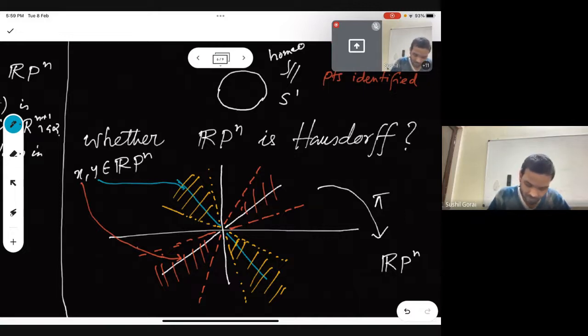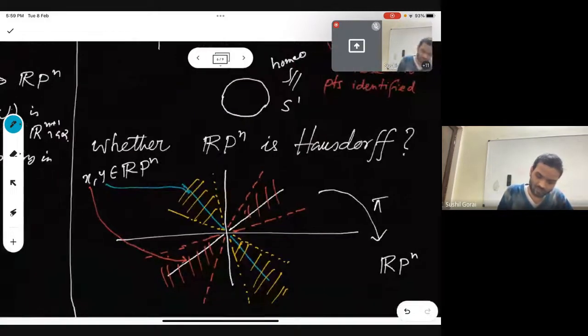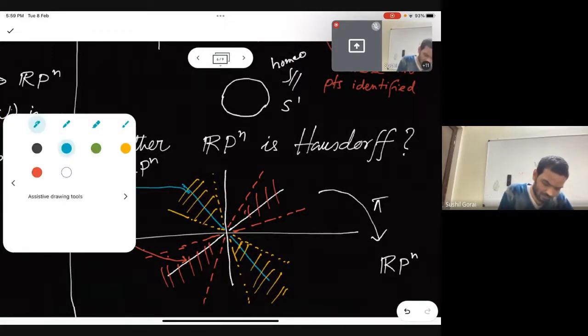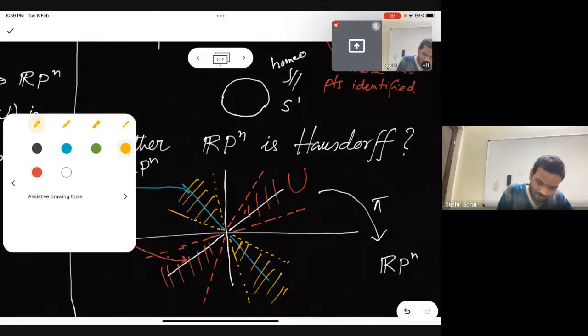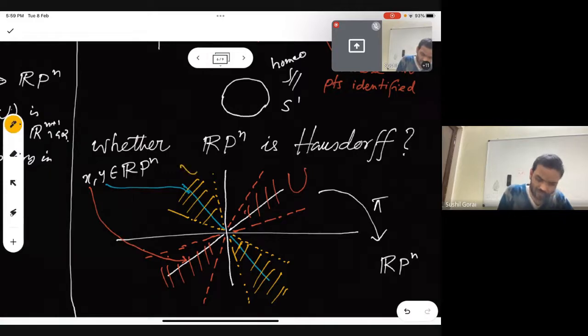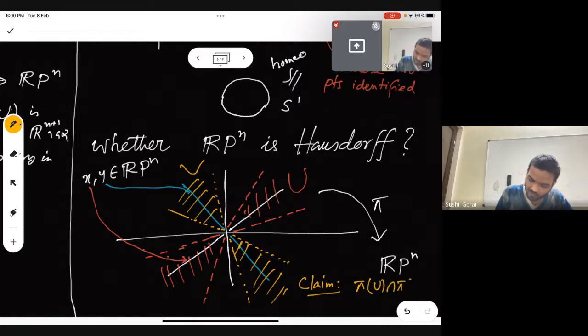Now let's call this one U and this one V, right? Now the claim is pi U intersection pi V is empty. Well, it is empty.